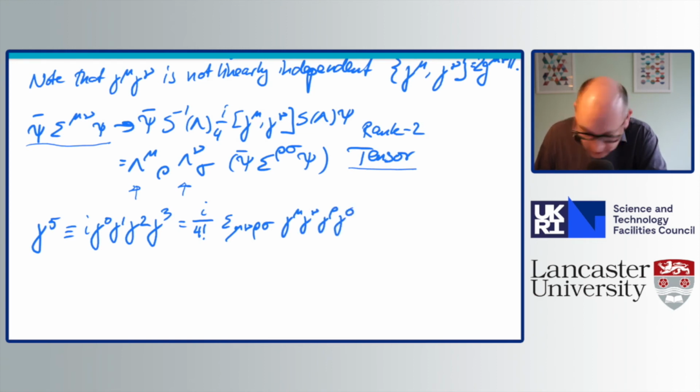Which is a complicated way of writing the matrix with blocks 0, 1, 1, 0 in this representation.